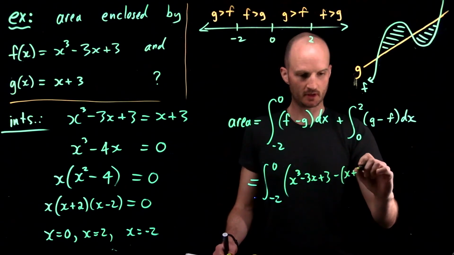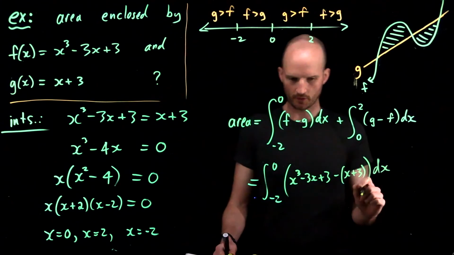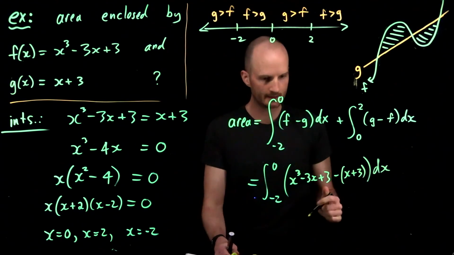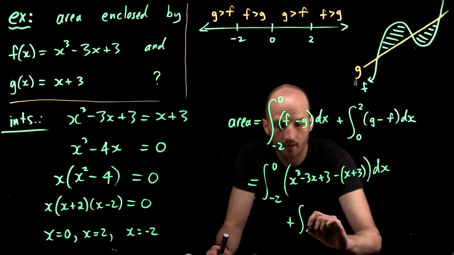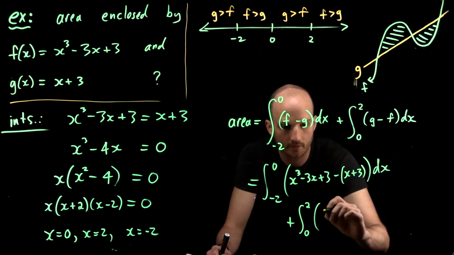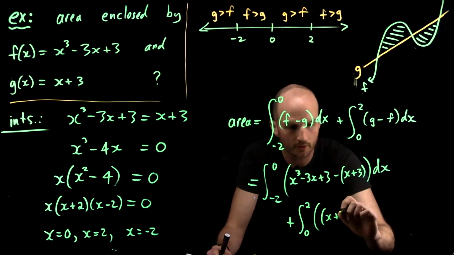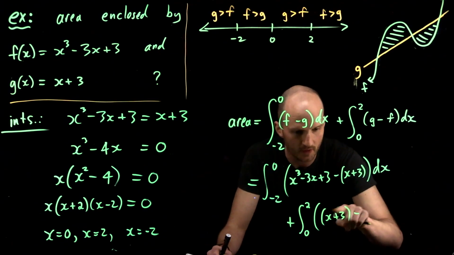Do not forget brackets. Oh boy, that's an unpleasant thing to grade when you forget these brackets here. I'm not a happy camper when I see that. And then for the second integral, we're reversing g and f. I don't need these brackets here. Oh well.